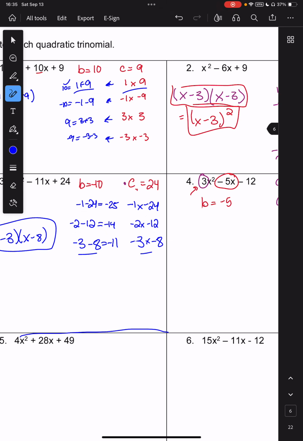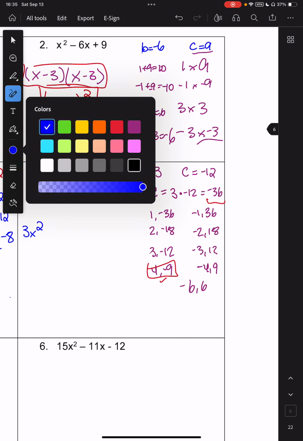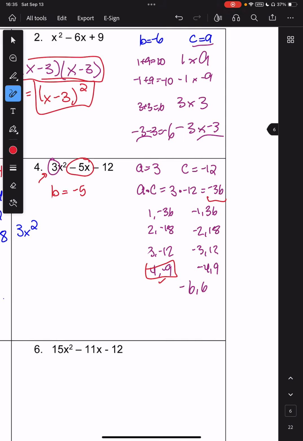So we found that our values multiply out to 4 and negative 9 and add up to negative 5. So the way we write this is, let's start with our 3x squared, and then we have our negative 5x. Our negative 5x, we are actually going to rewrite instead as 4 and negative 9.